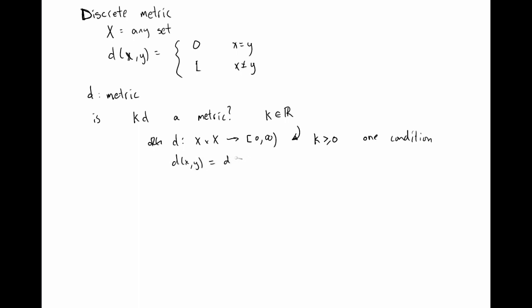Next, dxy is equal to dyx. This is fine because D was a metric, so this is clearly true for any K. Our next thing is dxy is equal to 0 if and only if x is equal to y.